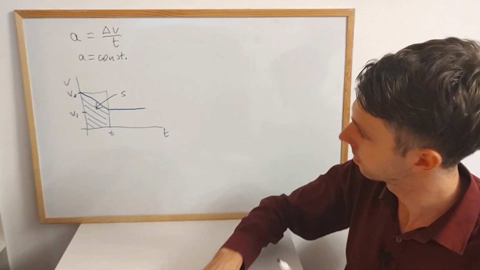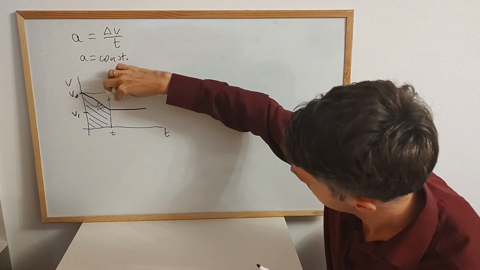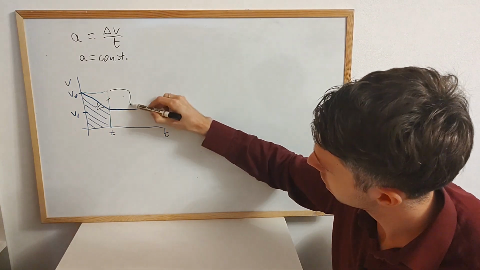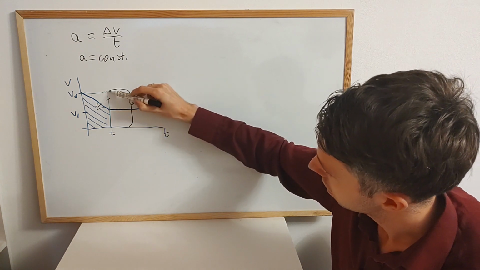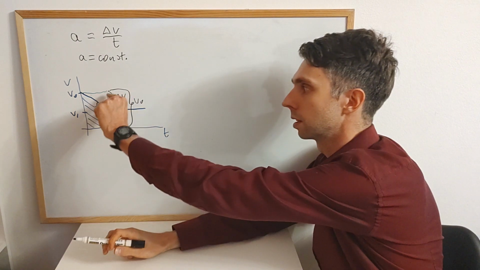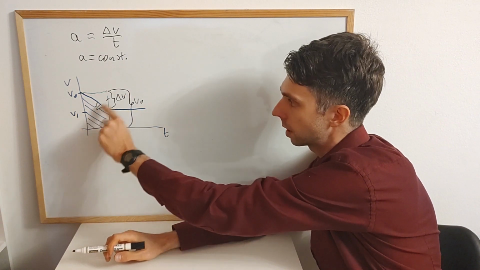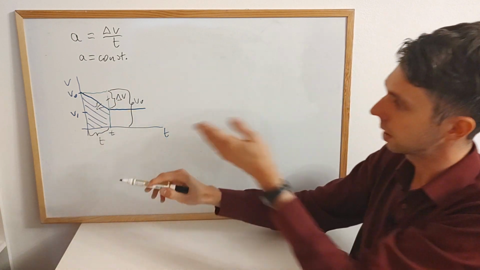And look, this is v0. This is delta v, okay? Change from initial speed to final speed is delta v, and this is of course time.